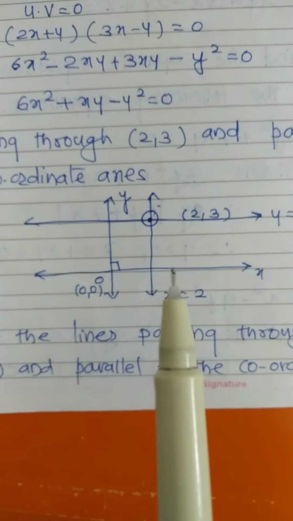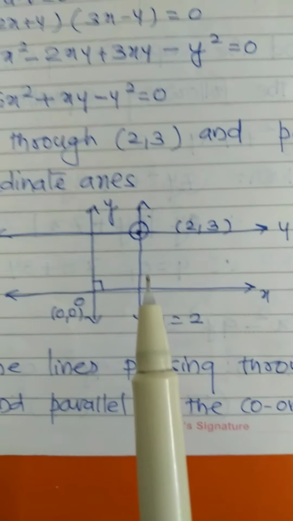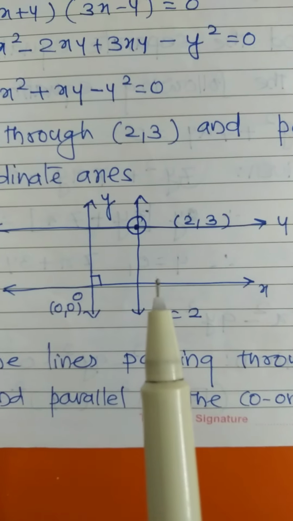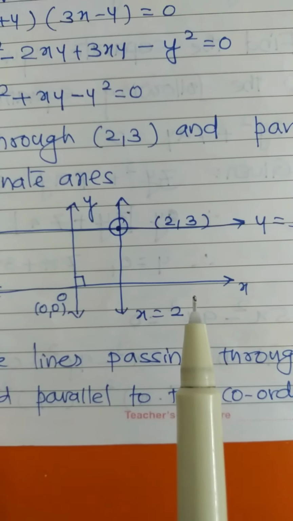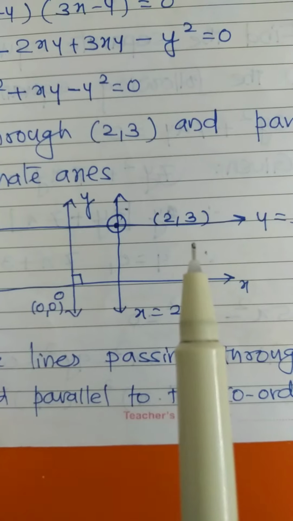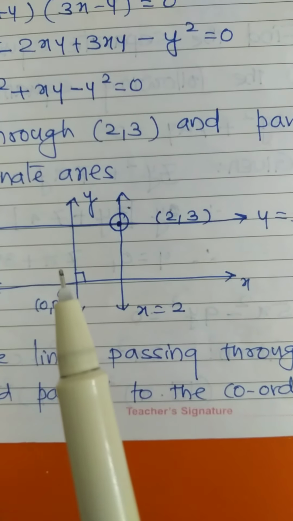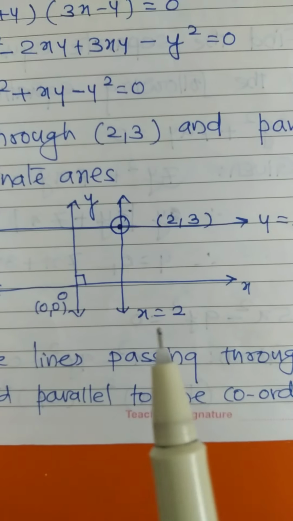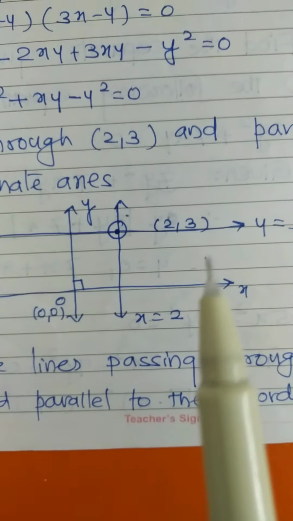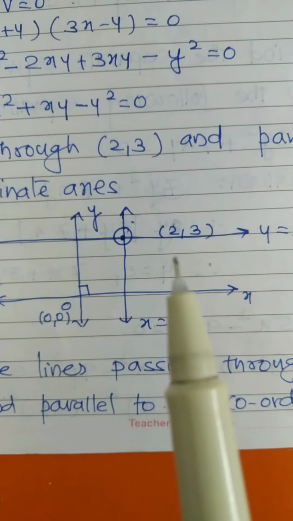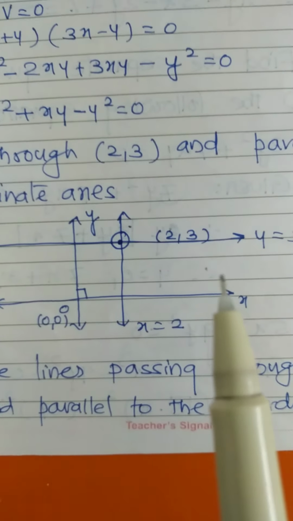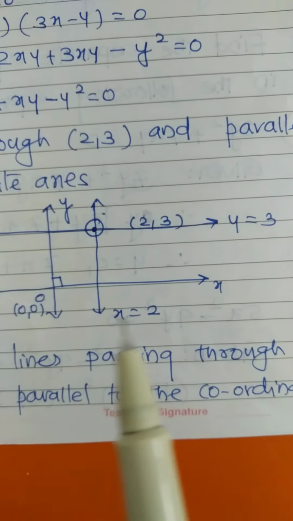The lines passing through it are parallel to the respective coordinate axes. A line parallel to the x-axis has the equation y equals constant, and a line parallel to the y-axis has the equation x equals constant. That constant you can calculate using this point, because the lines pass through it. So y equals 3 and x equals 2.